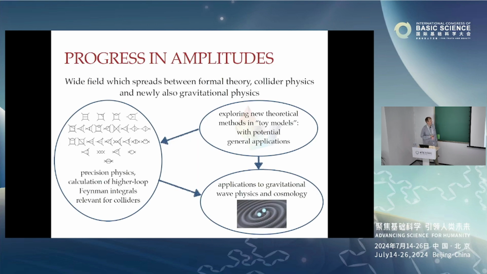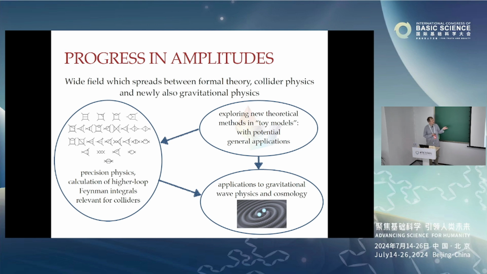Okay, but let me just mention how it fits into a larger scheme or a larger field of scattering amplitudes, which is now a very wide field, which ranges from developments in the formal theory to collider physics and now also gravitational physics. And people are doing different types of work depending on their interest and motivation.